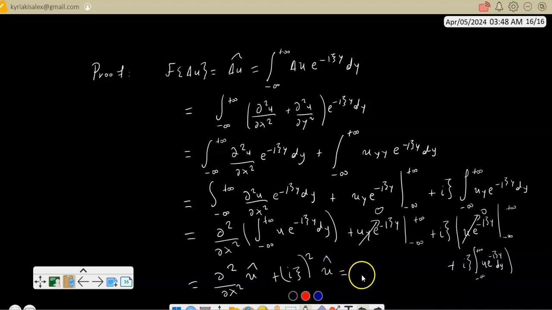So this is just the second derivative of u hat, the partial Fourier transform of u, plus, of course, i squared is minus 1, so it's minus xi squared of u hat.